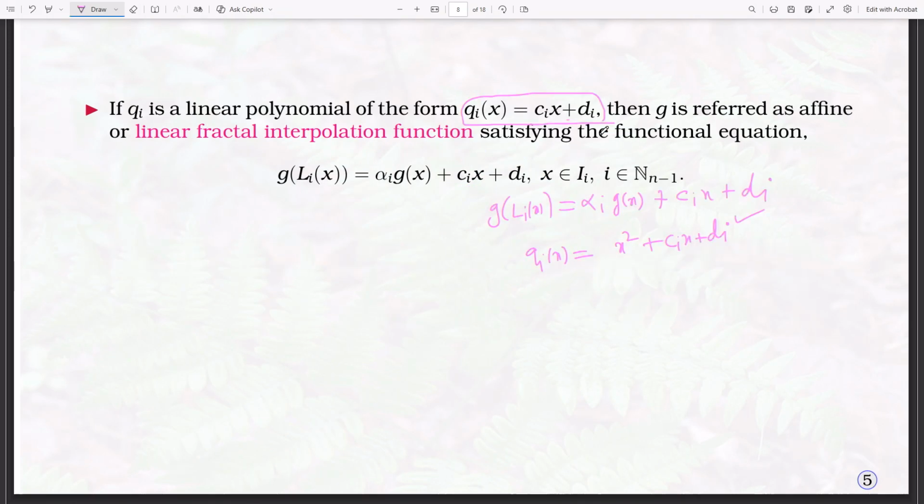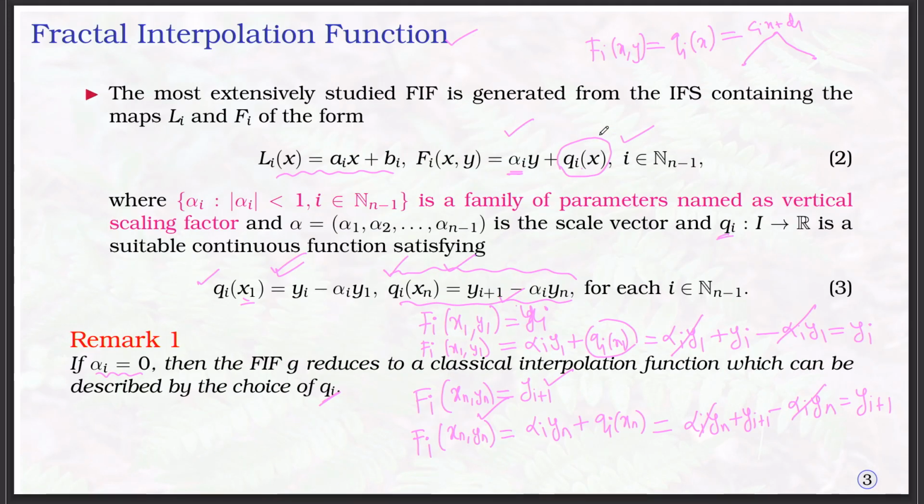Now, just look at the form here. Based on qi of x, we classify the fractal interpolation as linear, quadratic and alpha fractal interpolation function. But what is the role of alpha i? This contracts the points in the y direction or controls the y direction.